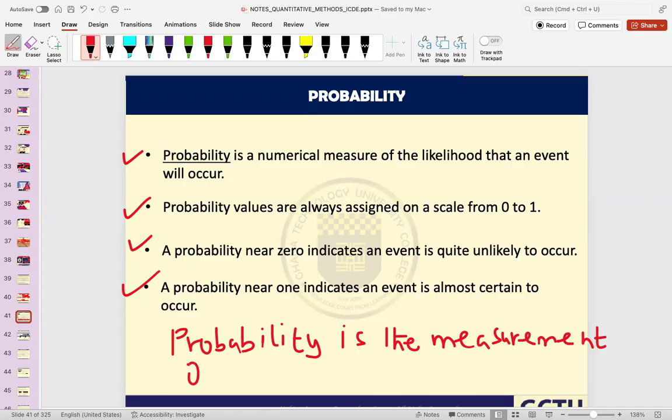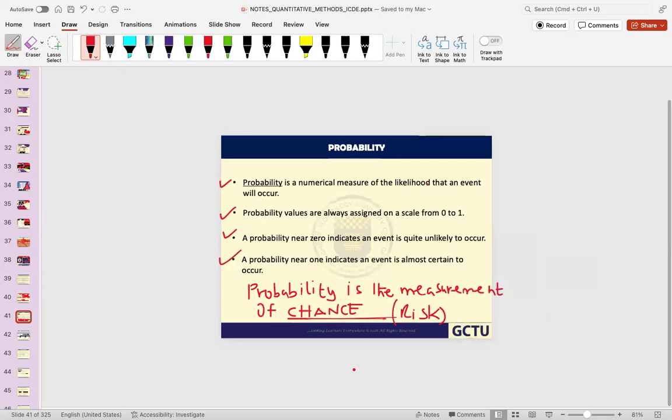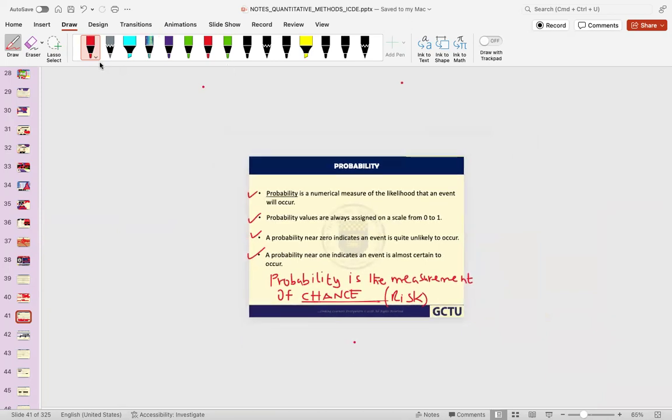Probability is the measurement of chance or your chances. You want to measure your chances of risk in the future. You want to take a risk. It must be calculated.